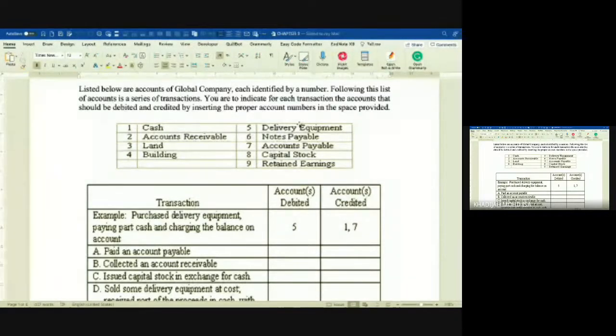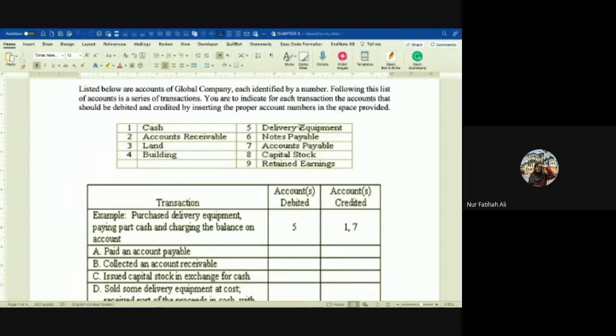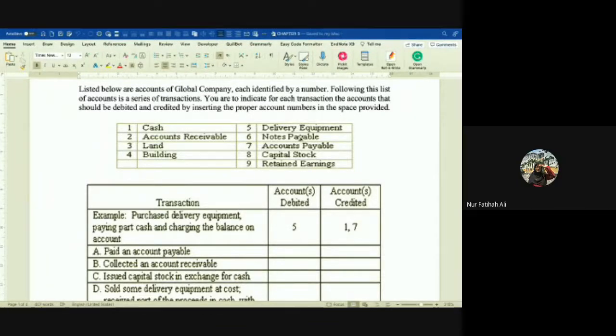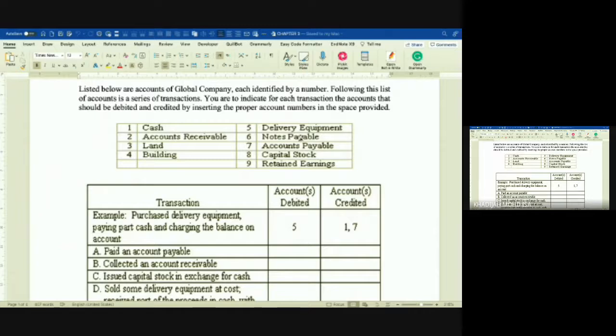Delivery equipment? Asset. What about notes payable? Liabilities. When you see payable, you have to pay, so payable is always a liability. The difference is that notes here is more of a contract, while accounts payable is from a normal supplier.